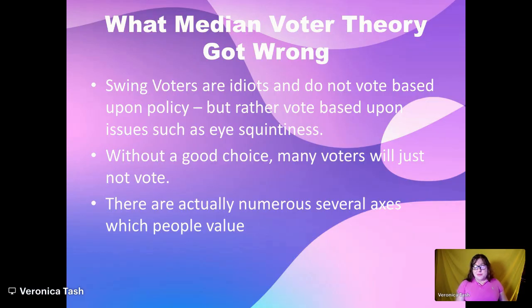You get gridlock necessarily, because they think they're smart. I voted this way for president, so I'm going to balance it out by voting the other way for Congress. See how smart I am? They have no idea what they did. But they're not really voting based on policy. You're not going to appeal to them by them thinking you're in the center. They're going to vote for you for something completely stupid or not.